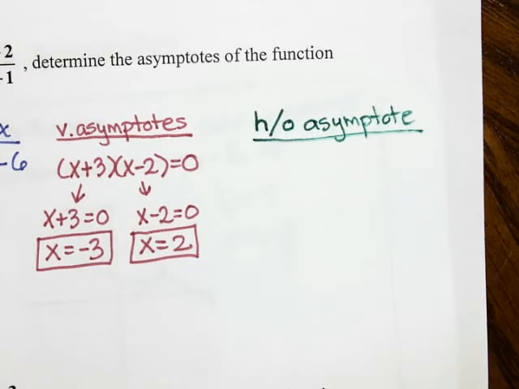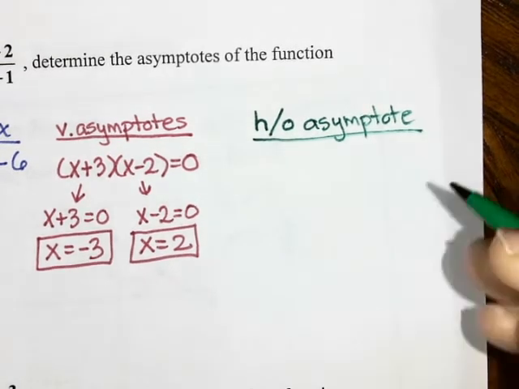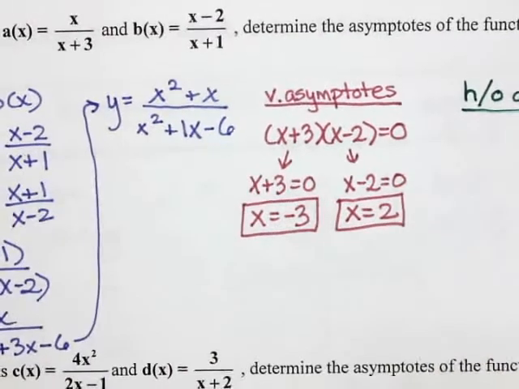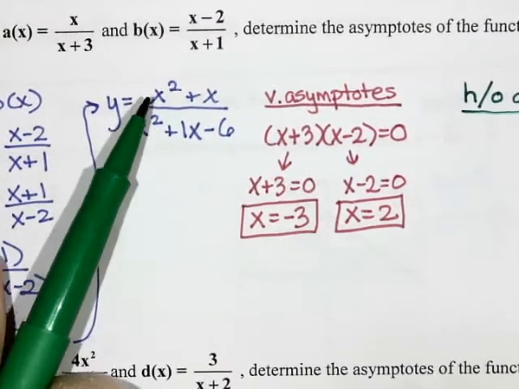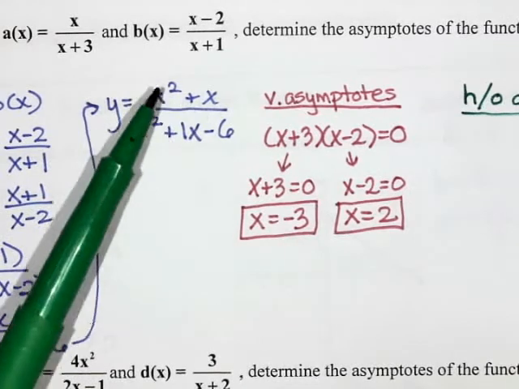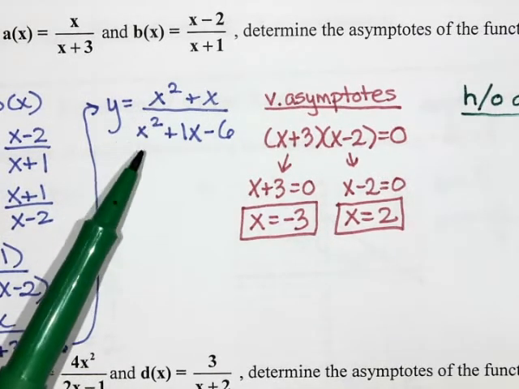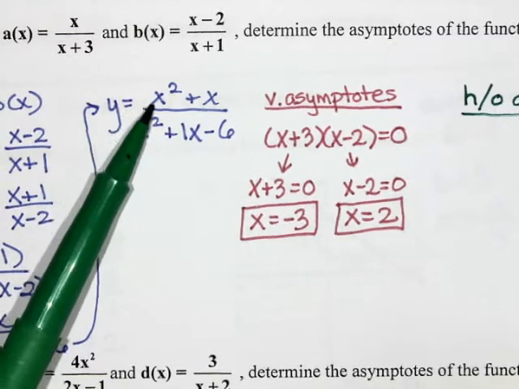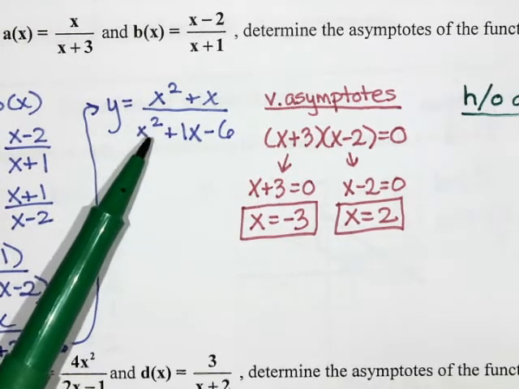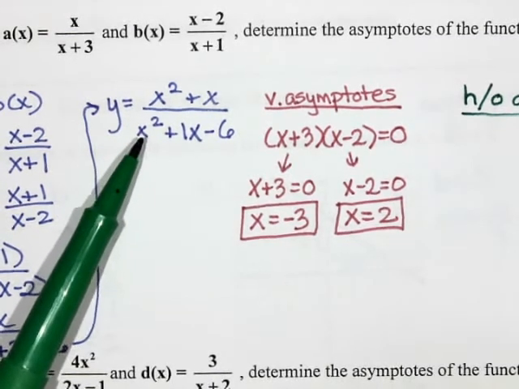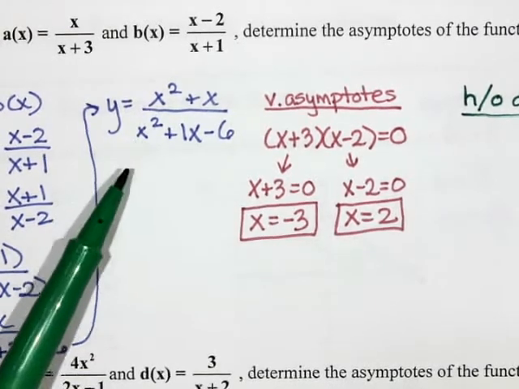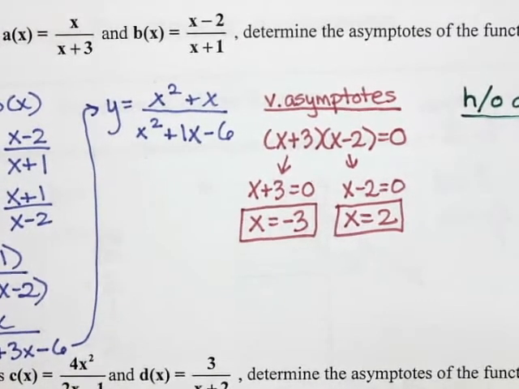So I want to, for this, divide the denominator into the numerator. And I will just check. If I take a look at these, I will get an oblique asymptote if the degree of the numerator is bigger than the denominator. Is the degree of the numerator bigger than the denominator? No, they're the same. So that means it's not oblique. It's going to be horizontal.